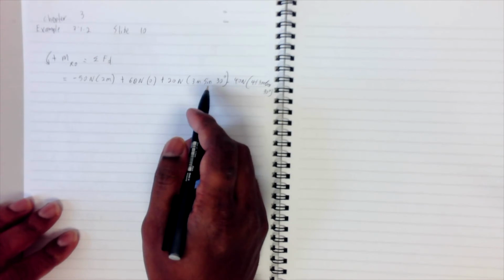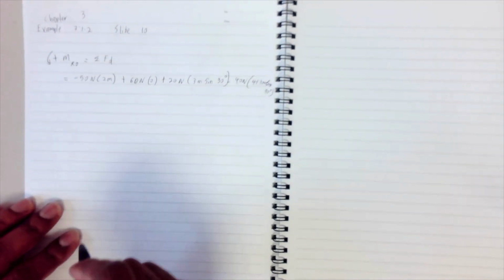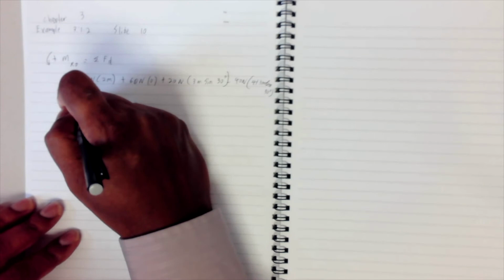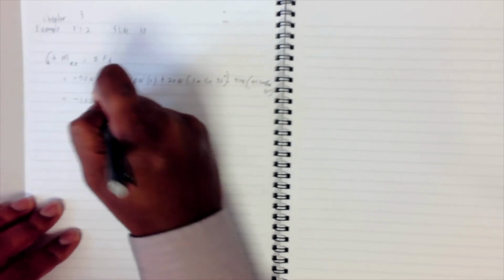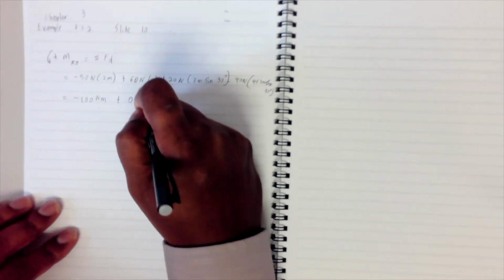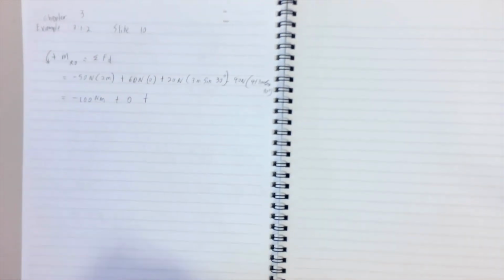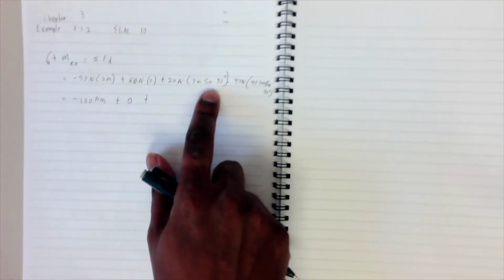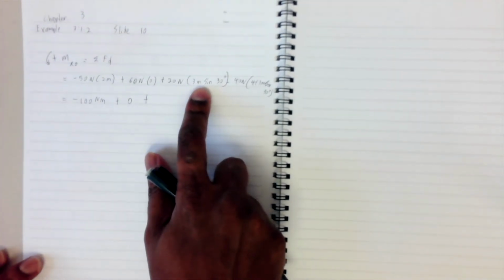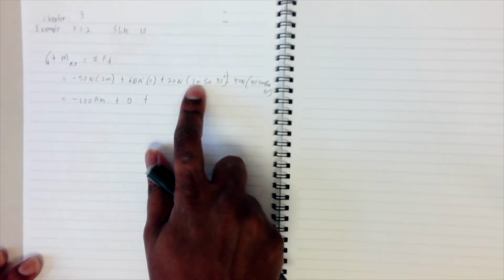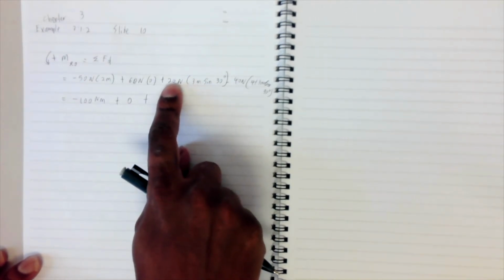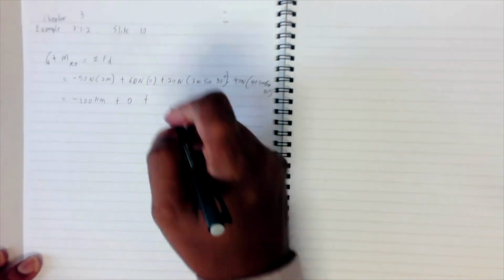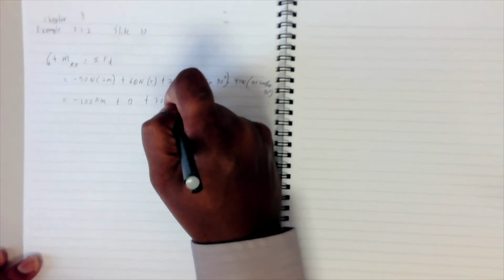And then when we do the calculation, here we get negative 100 Newton meter plus 0 plus sine 30 times 3 meter times 20. Sine 30 is 0.5 times 3 meter is 1.5 times 20. We will get 30 Newton meter.